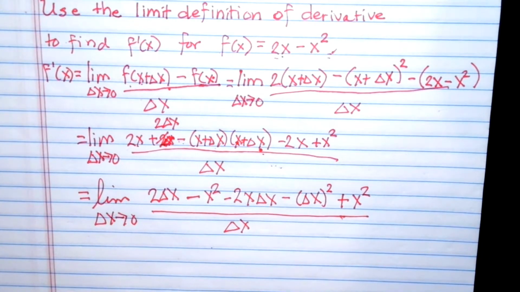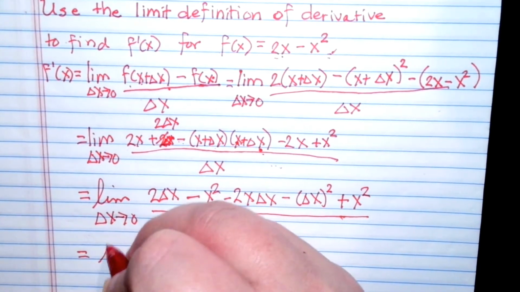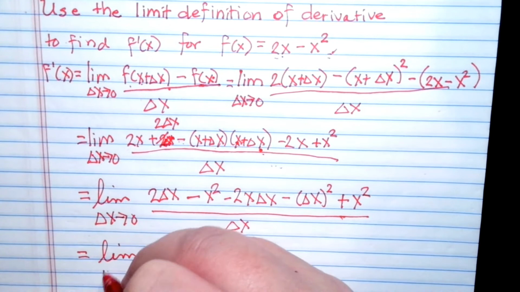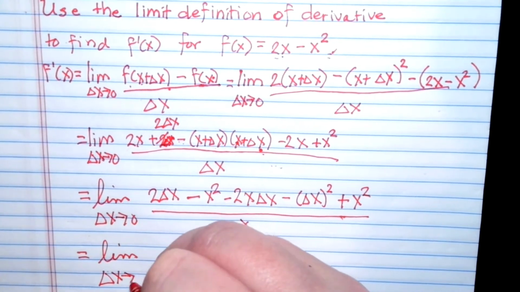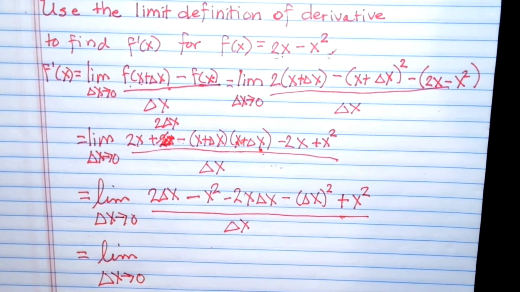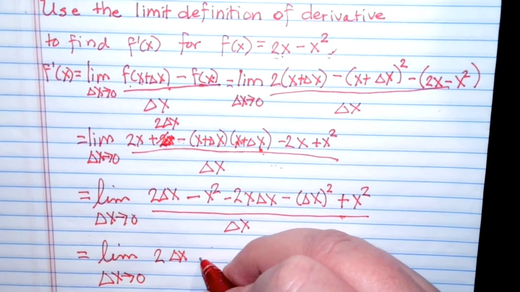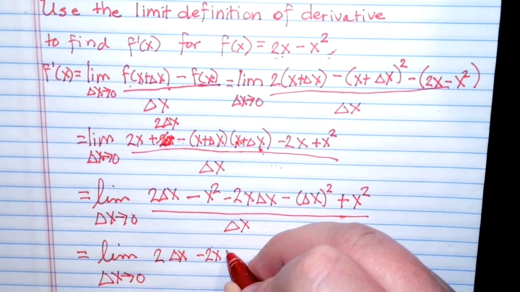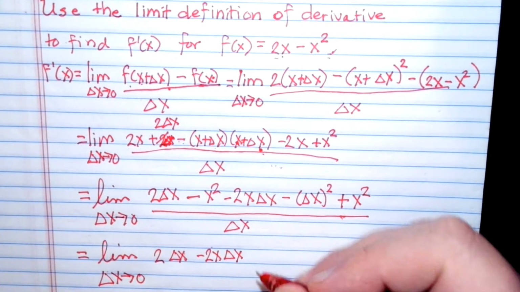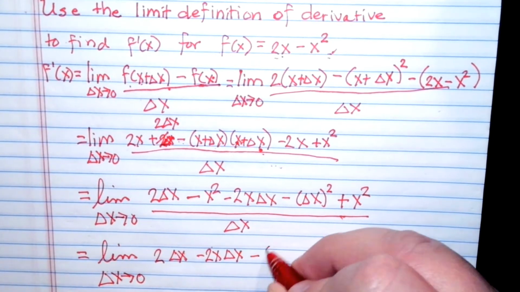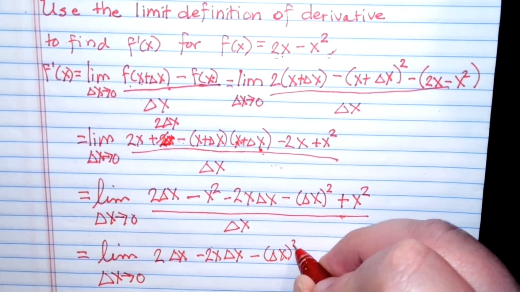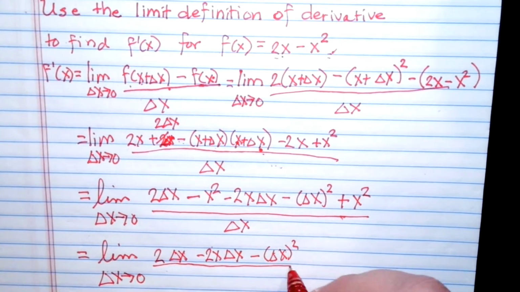So this is going to simplify some more. You've got a minus delta x and a plus delta x. Those are going to add up to 0. And that'll leave us 2 delta x minus 2x delta x minus delta x squared, and that's all over delta x.